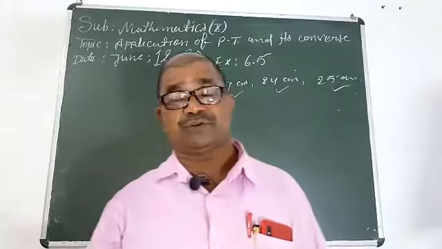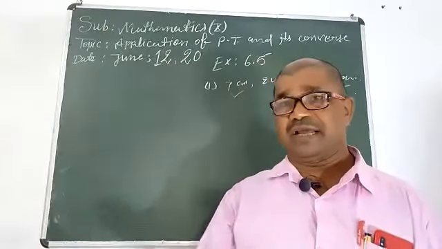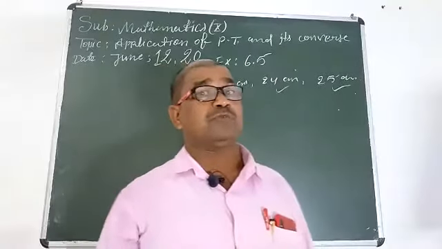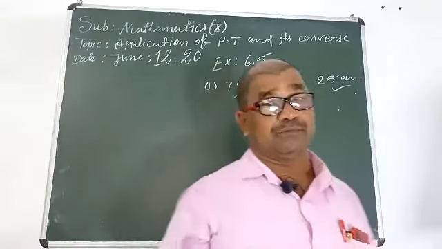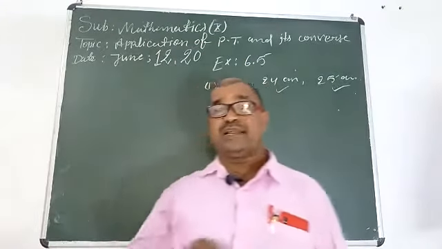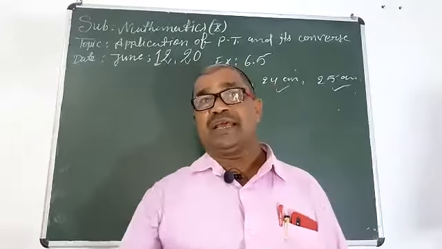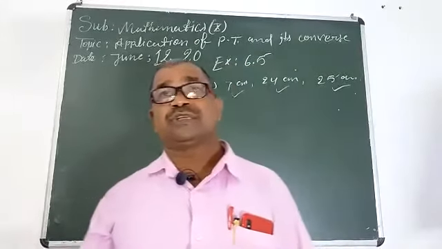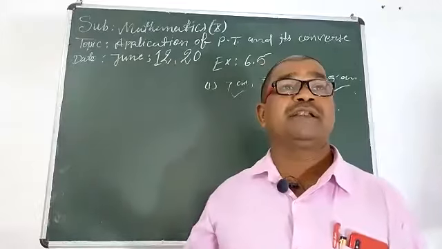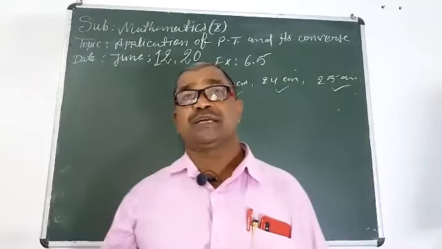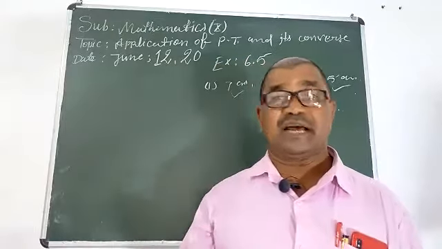What is Pythagoras theorem? In a right angle triangle, the square of the hypotenuse equals the sum of the squares of the other two sides of the same triangle. And what is the converse? In any triangle, if the square of one side equals the sum of the squares of the other two sides, then the opposite angle of the longest side is a right angle.